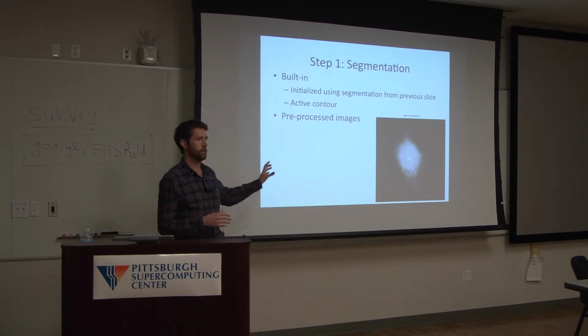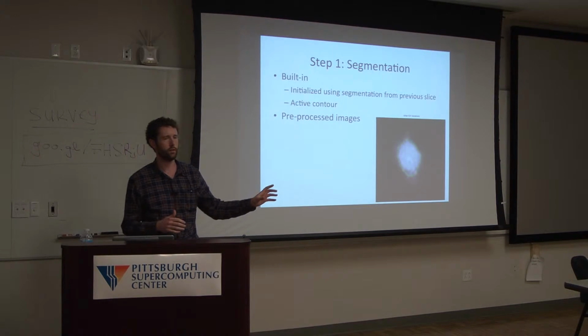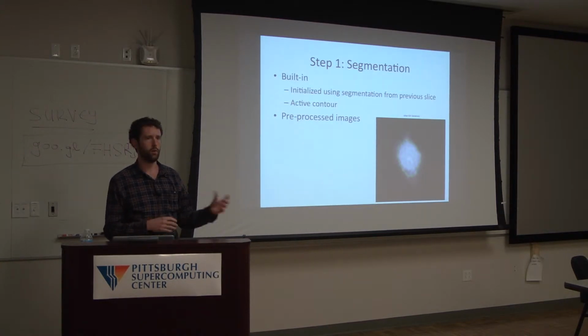So we make no guarantees about how great our segmentation method is. It's just the one that works for us, and you're welcome to use it or give us pre-segmented images, and Cell Organizer will work on those too.